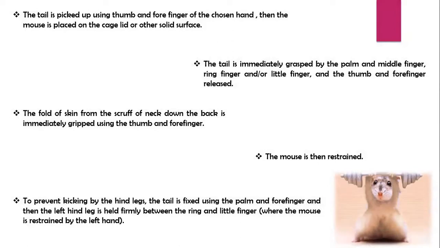The fold of the skin from the scalp of the neck down the back is immediately gripped using the thumb and the forefinger. The mouse is then restrained. To prevent kicking by the hind legs, the tail is fixed using the palm and the forefingers, and then the left hind leg is held firmly between the ring and the little finger.